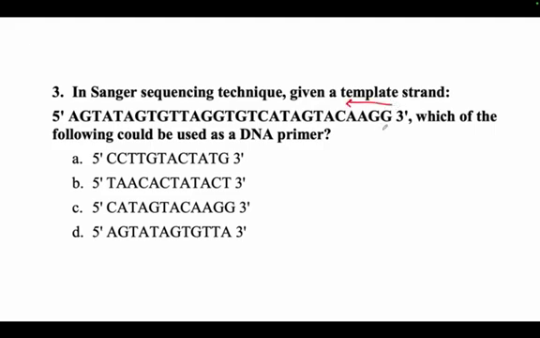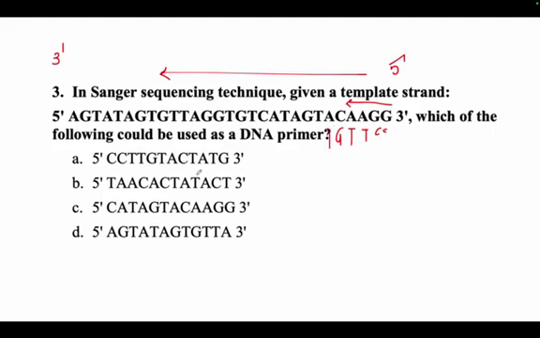It will start from this G and be extended in this direction, because this will be 5' to 3' for our newly synthesized strand, which means the primer has to bind to the 3' region of this template strand. So we should get a primer which is complementary here. So the sequence should be C, C, T, T, G, T.